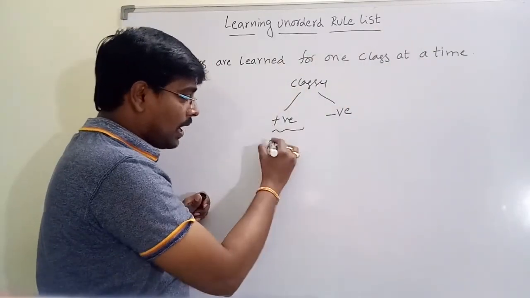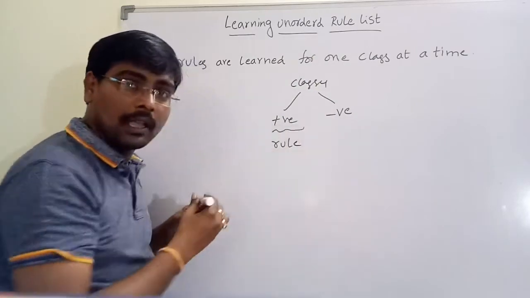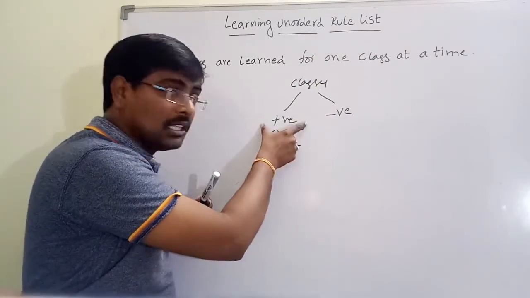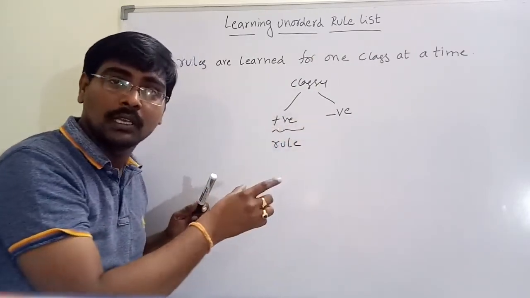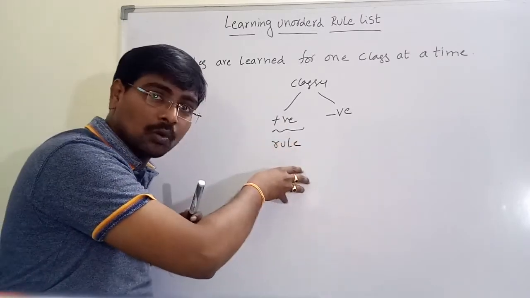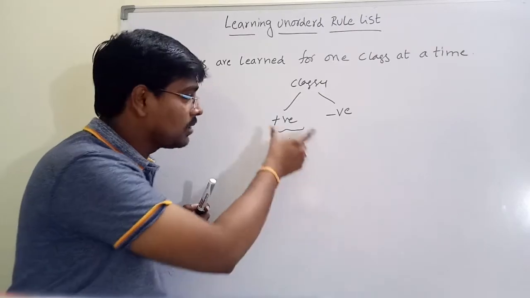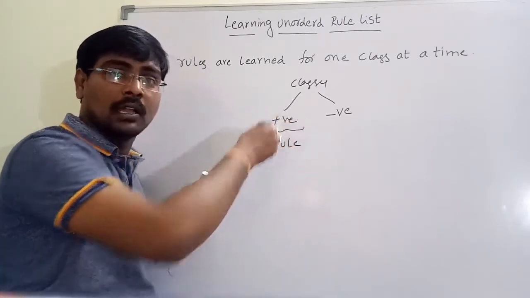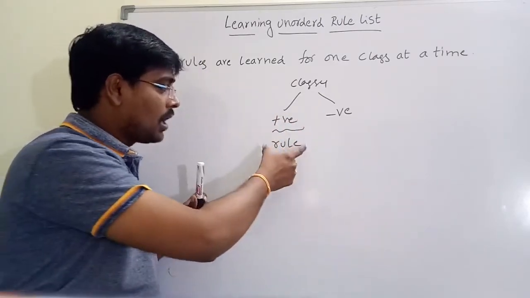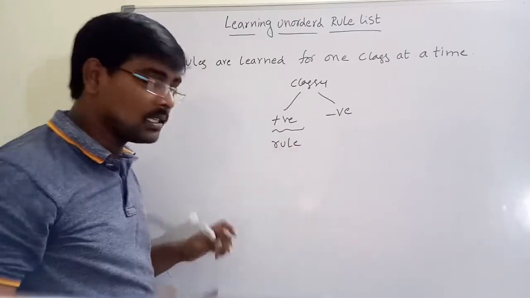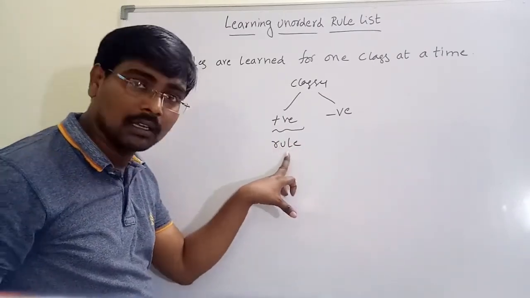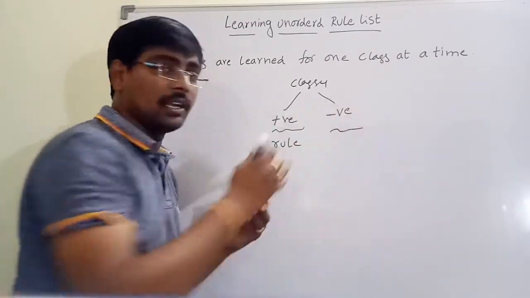Suppose I create a rule for this positive class. That means, based on this rule, all the positive examples come under the positive class. Obviously, the examples or instances that are not covered under this rule are treated as the negative class.